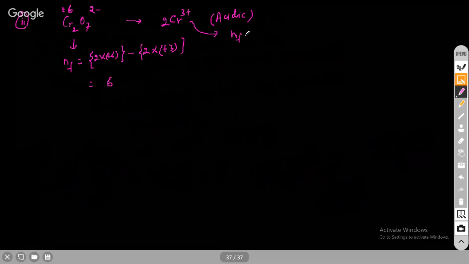So the n factor for Cr3 plus is 6 divided by the number of chromium atoms, 2, which is nothing but 3. So we always find the n factor as the change in oxidation number per molecule. Is it clear? Tell me.